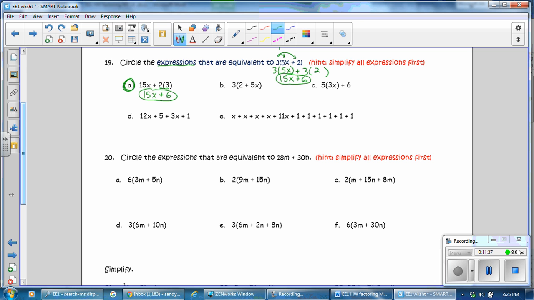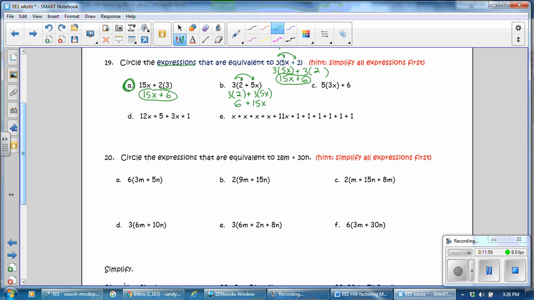B. I'm going to use the distributive property to simplify. 3 times the first term plus 3 times the second term. The first term is 2, the second term is 5x. 3 times 2 is 6. 3 times 5x is 15x.